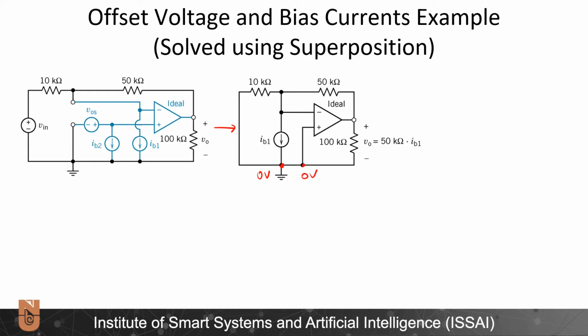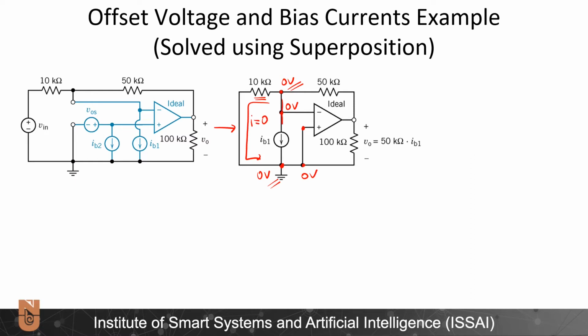And if I have here 0 volts, I will have in the negative terminal 0 volts as well. And here I have 0 volts too. Now, here I have 0 volts, and here I have 0 volts, and in between I have this 10 kilo ohm resistor. From the potential of 0 to the potential of 0, if there is in between a resistor, no current will flow. Therefore, this current will be equal to 0.